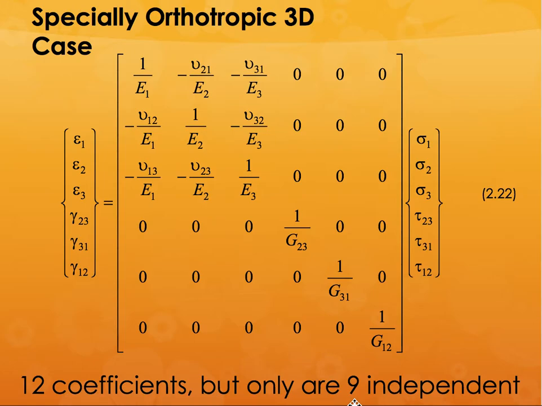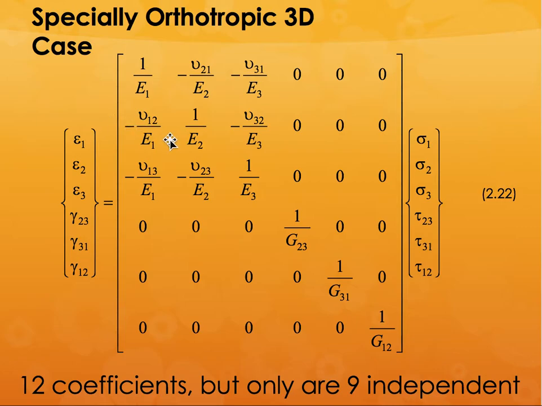So let me do this. If you have an orthotropic material, you can represent the stiffness matrix or the compliance matrix in terms of the elastic modulus E1, etc., the shear modulus G, etc., and Poisson's ratio, etc. So if you know the principal stresses, you can calculate the strains.